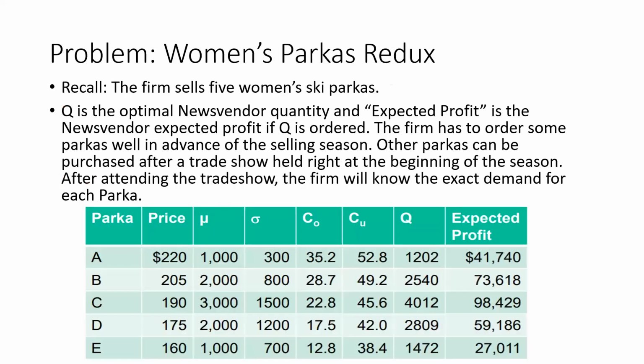Okay, so let's do this question. The final exam is going to be in this format and give you the table, with the price, mu, sigma, CO, CU, Q, and newsvendor expected profit, and ask some similar questions like this.